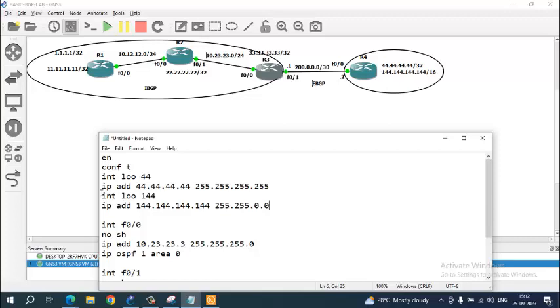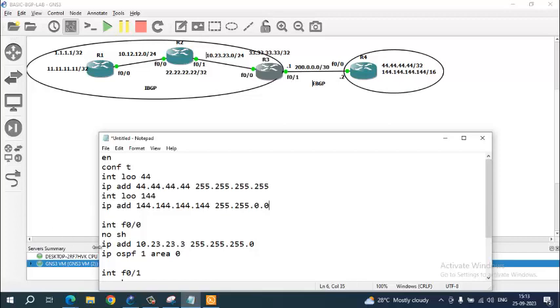The 144 network is also on the loopback interface, but I'm giving the class full mask for 144. It is slash 16, 255.255.0.0.